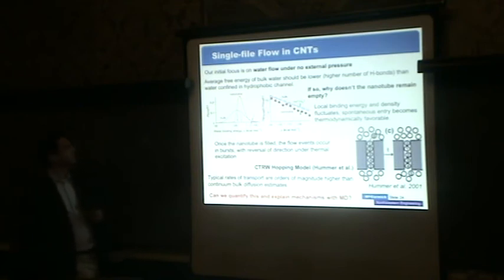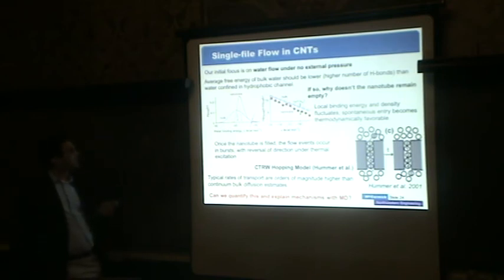One of the theories, which is I think probably the most widely accepted so far, says that the average free energy of bulk water should indeed be lower than the water confined in a hydrophobic channel due to the possibility of making more hydrogen bonds in the bulk. But you observe that there's a lot of water molecules that really don't have this kind of hydrogen bonding, which has a higher energy. So some of the molecules are not fully coordinated with other water molecules.